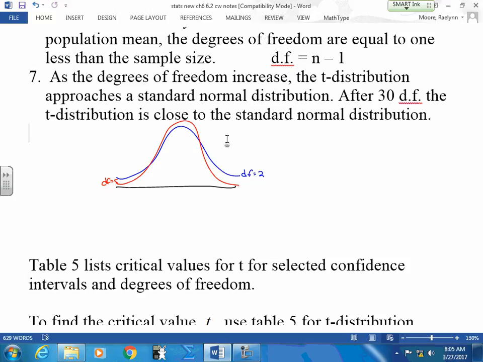We call this degrees of freedom, and what a degree of freedom does is this: everybody has a freedom of choice except the last person. So if I lined up 20 kids, say there's 20 kids in here, and there's 20 desks in here, and I sent you all outside, right? And I pulled you in one at a time, and I said, pick a seat, pick a seat, pick a seat.